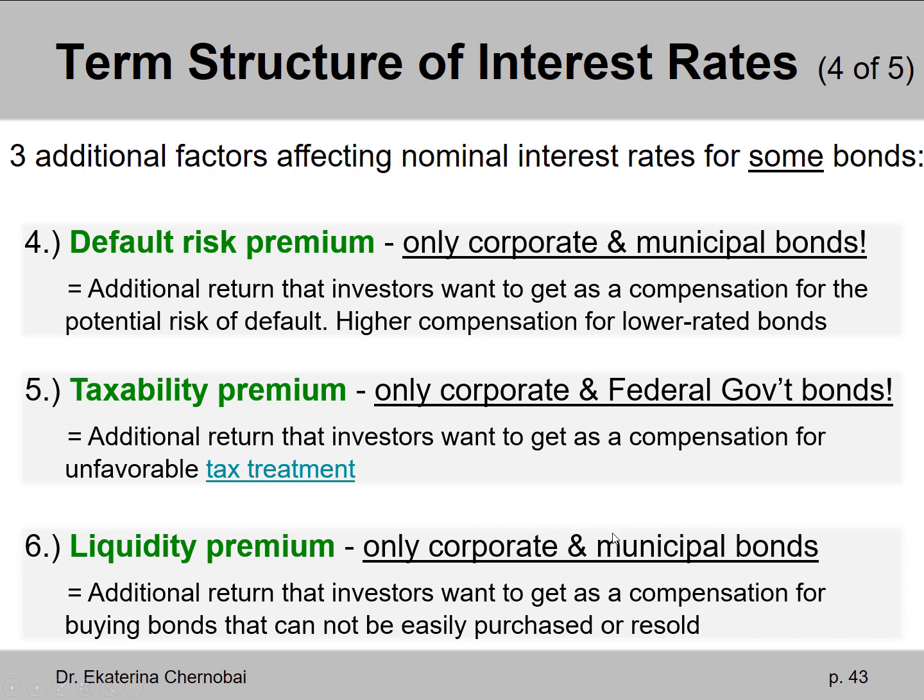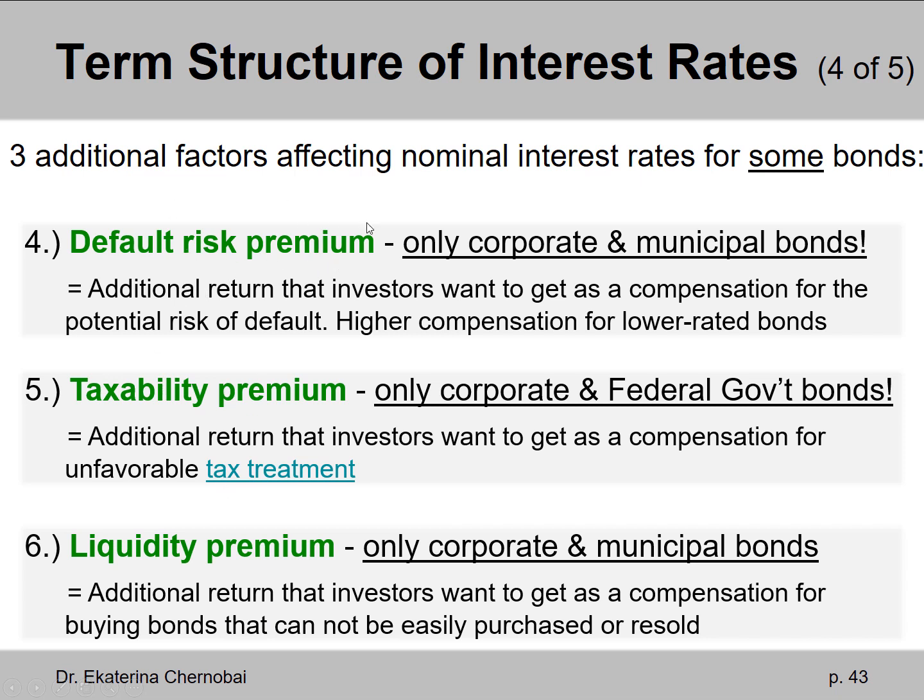Investors who are willingly buying corporate or municipal bonds are only doing that because they know they're compensated. So liquidity premium is basically that extra little bit of return, maybe another 0.5% or whatever that might be, that investors receive when they buy bonds.